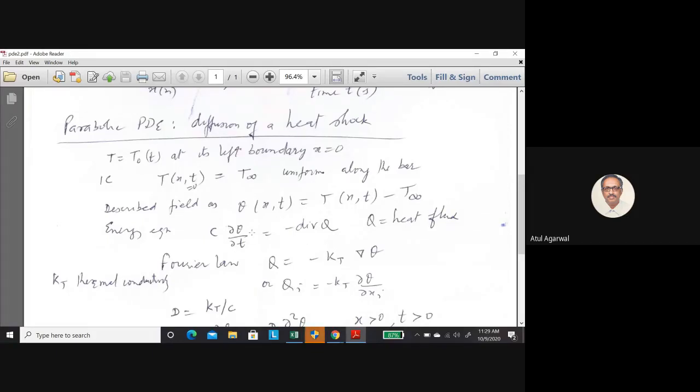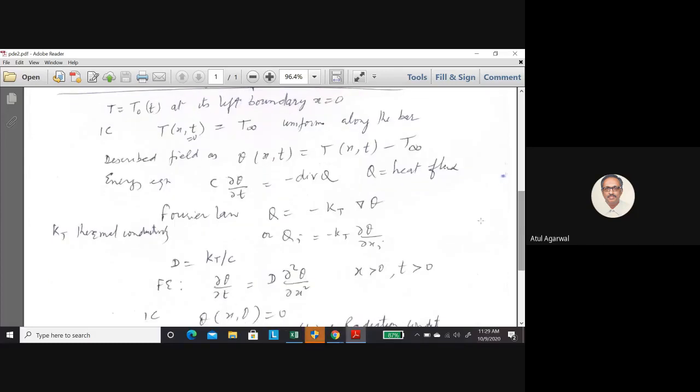So this is the energy equation. We had discussed it in the last class. This is specific heat per unit volume into the temperature derivative with time, which is equal to minus divergence of Q, the heat flux.